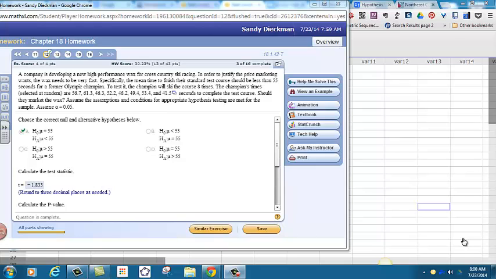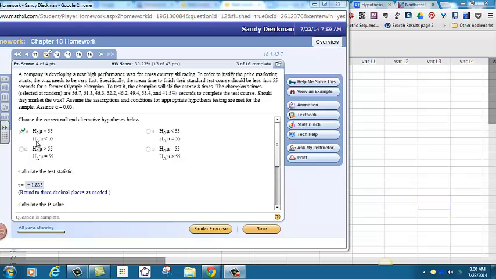We're going to assume the assumptions and conditions for appropriate hypothesis testing are met, and that the significance level alpha is 0.05. So the first thing we are going to do is choose the correct null and alternative hypotheses below. Because the reading said "should be less than 55 seconds," I need to look for an alternative hypothesis that is less than 55.